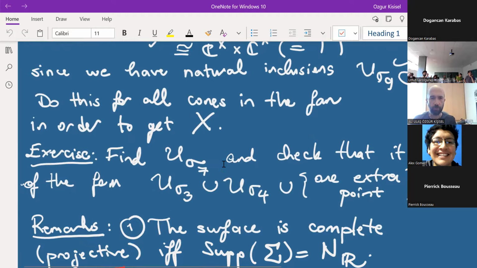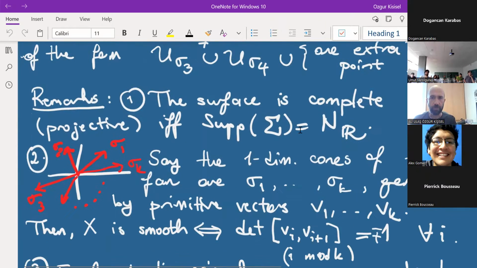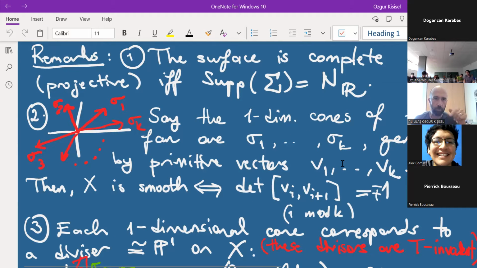Okay, now I want to make some remarks about toric geometry. First of all, the surface is complete, which in this setup means projective, if and only if the support of the fan is all of N_R. The second comment is, let's number the one-dimensional cones of the fan counterclockwise, and suppose these are generated by primitive vectors v1 up to vk.